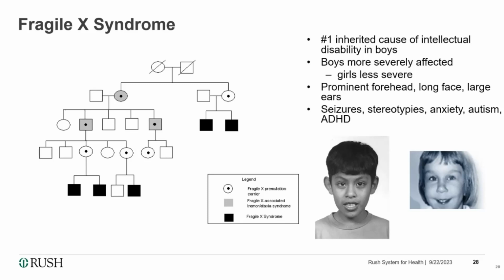Because that doesn't happen anymore, if you identify an individual with FXTAS, you want to immediately counsel the family, because there's an opportunity for those who are planning to have families and are premutation carriers to consider other options to have children to avoid having an individual with Fragile X syndrome. So they can do pre-implantation genetics or use other strategies in their family planning.